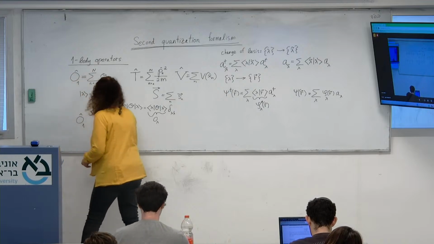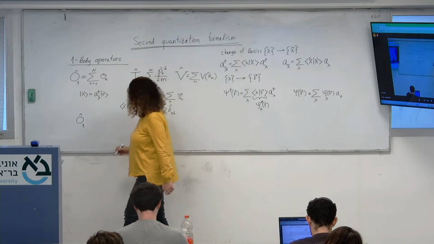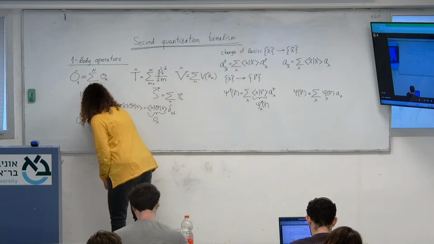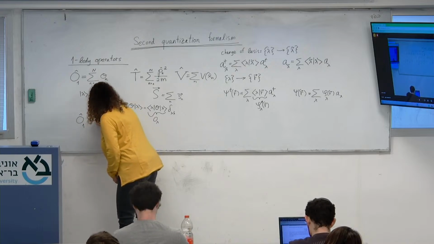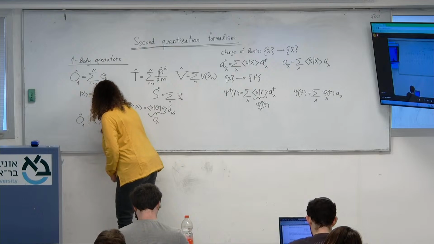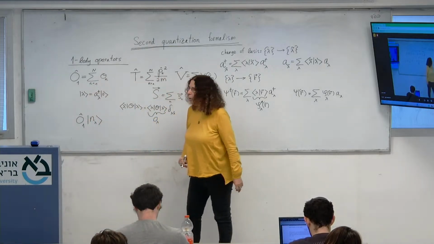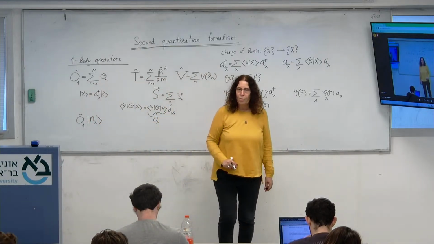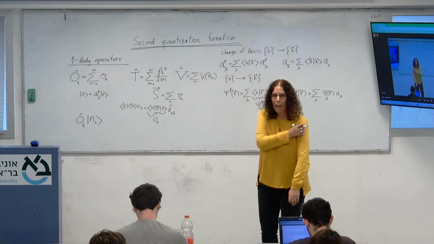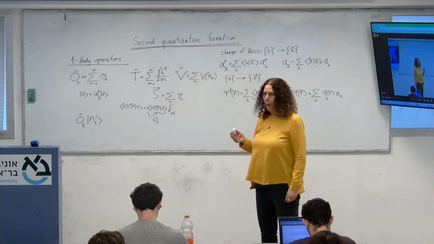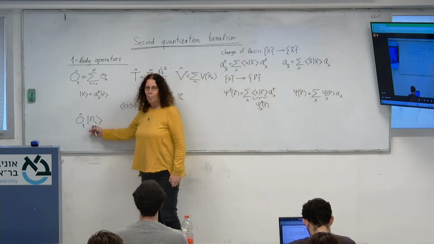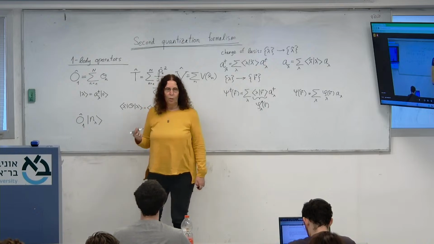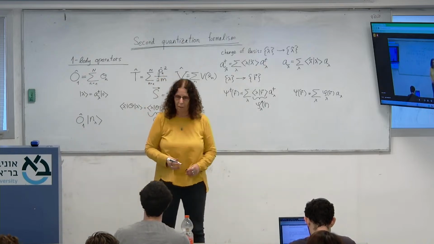I take this operator as defined, and I apply it on a state, let's start from the simplest case, that has a finite occupation only of state lambda, but it's occupied by not one, but n lambda particles.